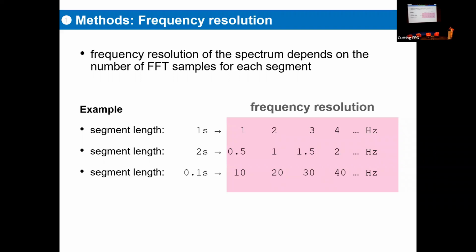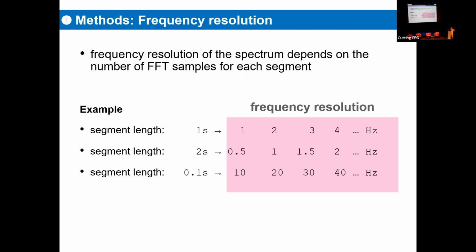If we increase our segment length to 2 seconds, we can also fit a slower sinusoid in there without any residuals. It will cover a whole period of 0.5 hertz. So if we increase the segment length, we also increase our frequency resolution.